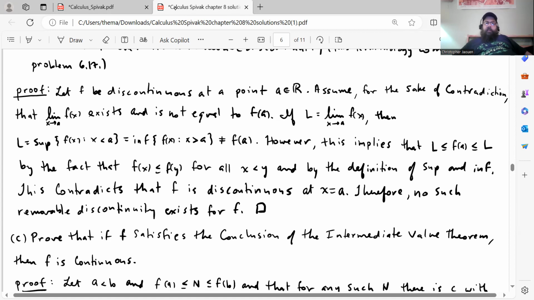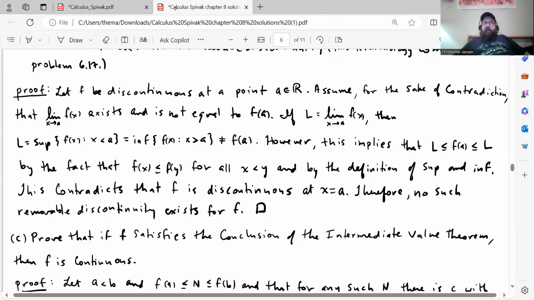If L equals the limit as x approaches A, then L is the supremum of f of x such that x is less than or equal to a, which should also be equal to the infimum of f of x as x approaches a, because we're assuming the limit exists, and from part A that should follow, and we're assuming that that's not f of a.